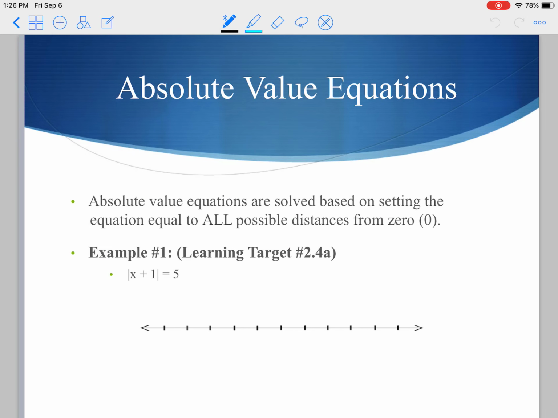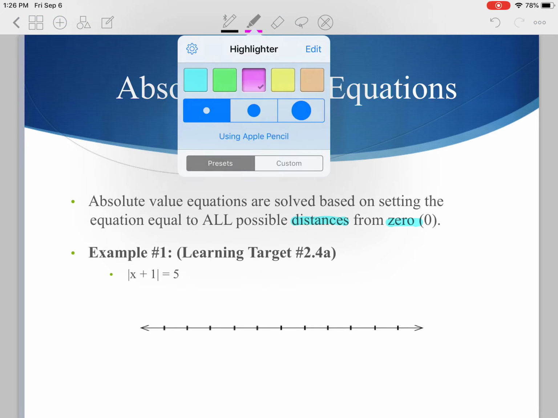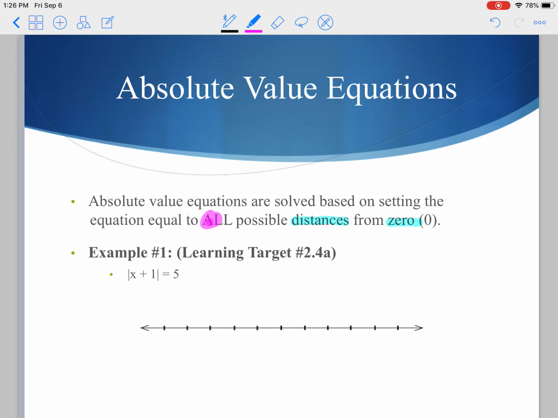And so, looking at example number 1 with that highlights learning target number 2.4a, we use the concept of absolute value equations or absolute values in general being distances from 0. And when we think of that conceptually, we realize we must look for solutions that account for all possible distances from 0.